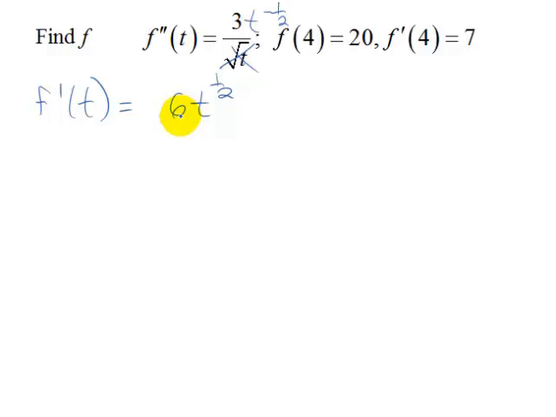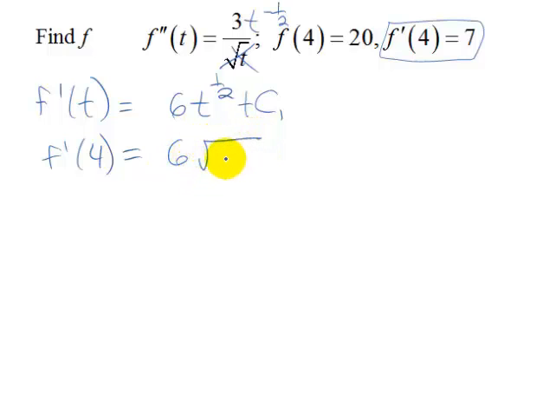The power would come out in front, and we'd have 6/2 or 3t, and then decrease the power by 1 to the negative 1/2. But plus a constant, we'll use a c sub 1 because there's going to be a couple of constants in this problem. Now they did give us a value for the derivative, so we could take that at this point and put it in for t, and this would be 6.